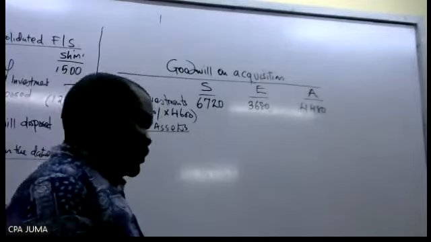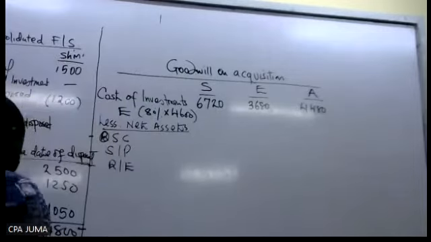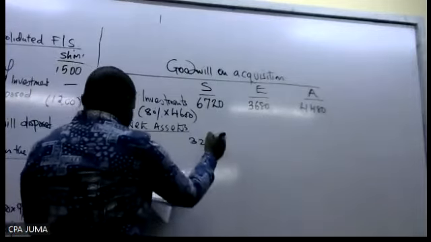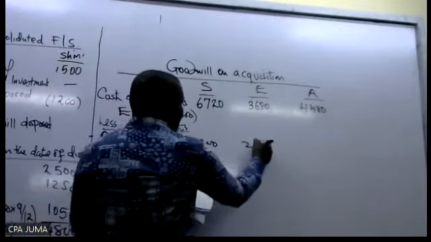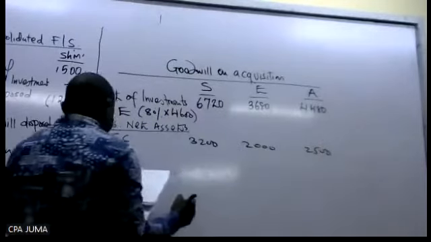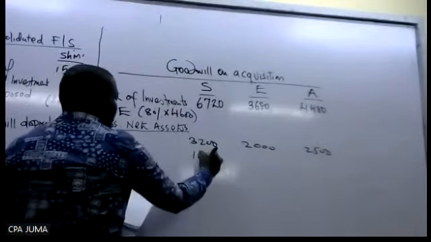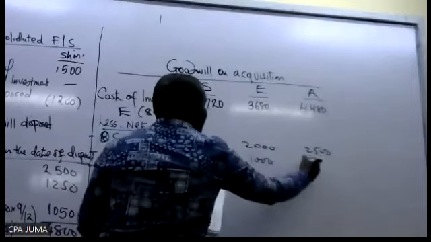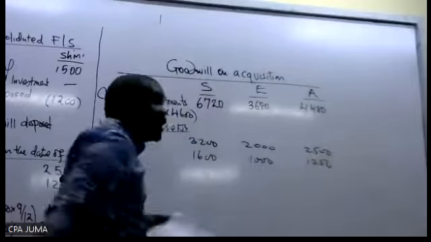Ordinary capital, 32. We'll apportion later. Then 25. Share premium, 16,000. And retained earnings.